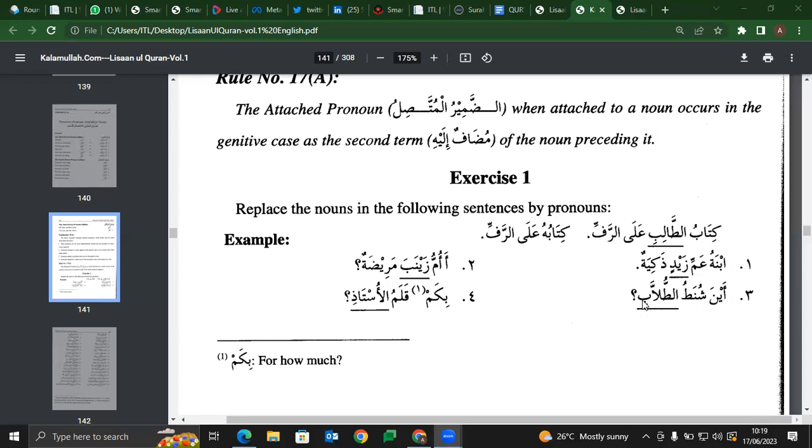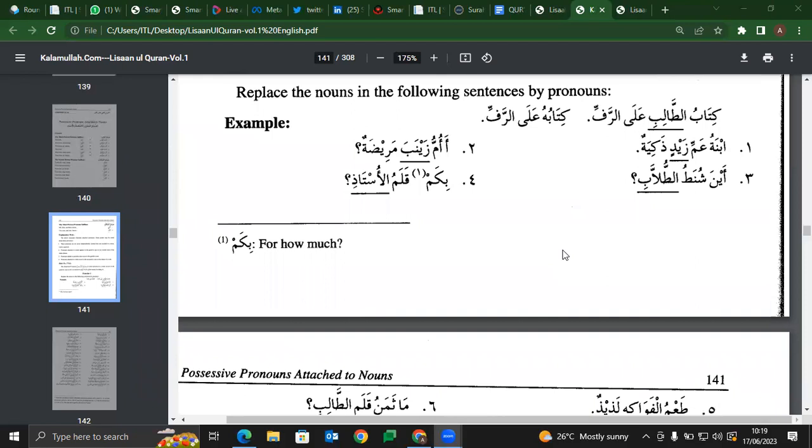Okay, let's try the next one. So, Ummu Zainab maridatun. Okay, this is a question. So, I will refer to it, right? So, is the mother of Zainab ill? Very good.